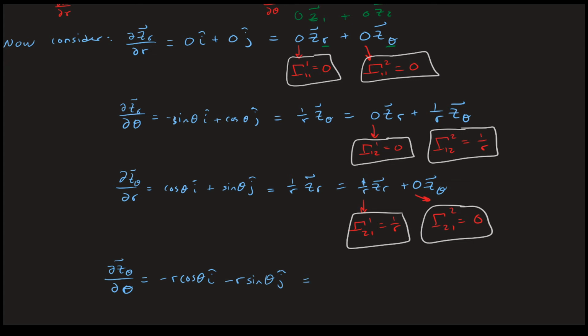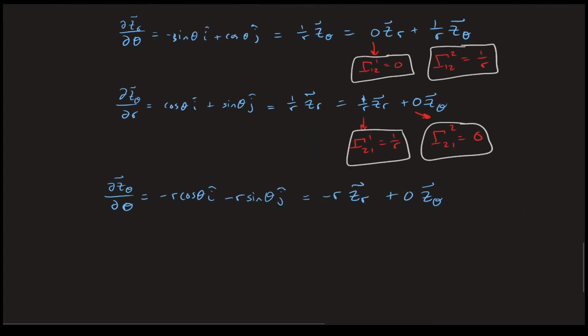Which looks a lot like negative r times z sub r plus 0 z sub theta. And those are our last two Christoffel symbols. Gamma 2, 2, 1 up is negative r, and gamma 2, 2, 2 up is 0.